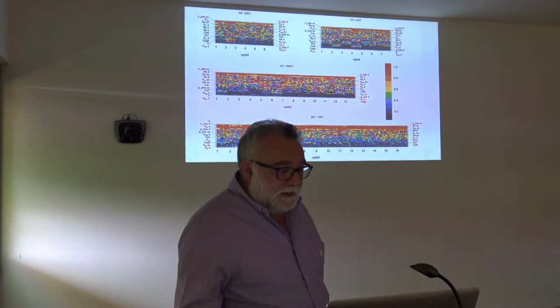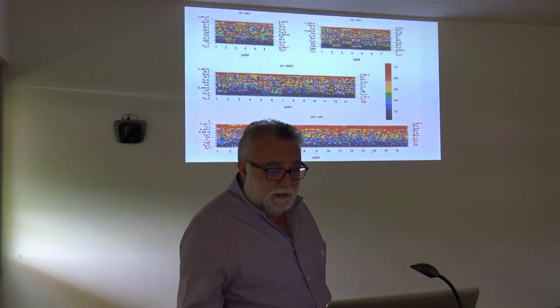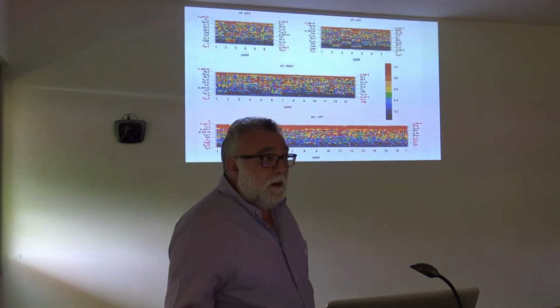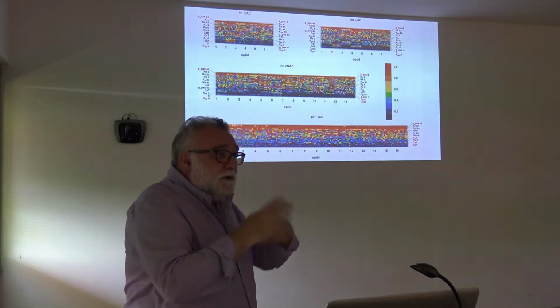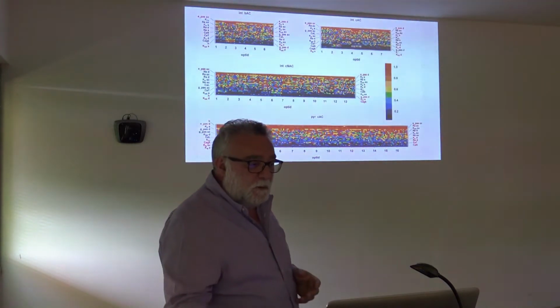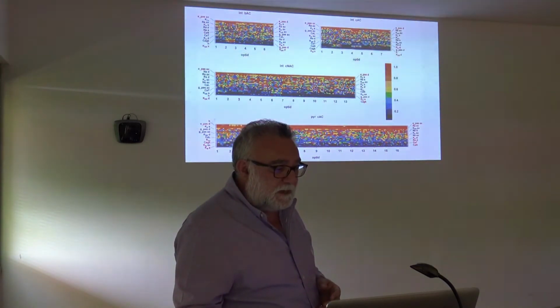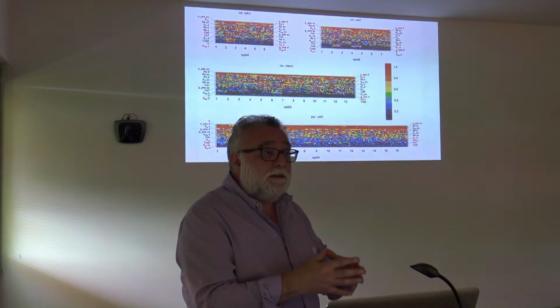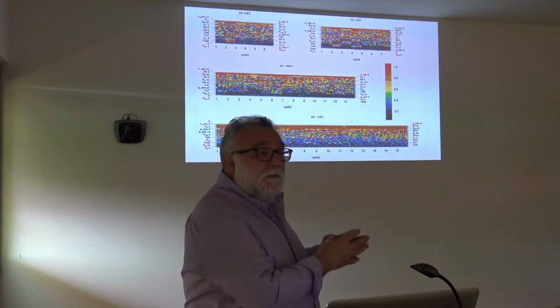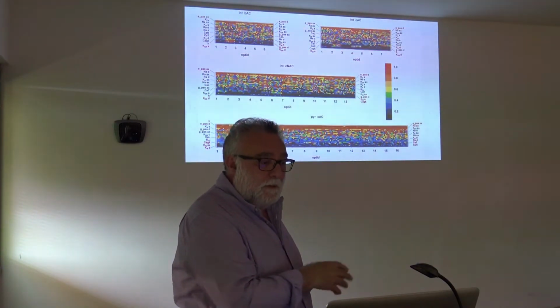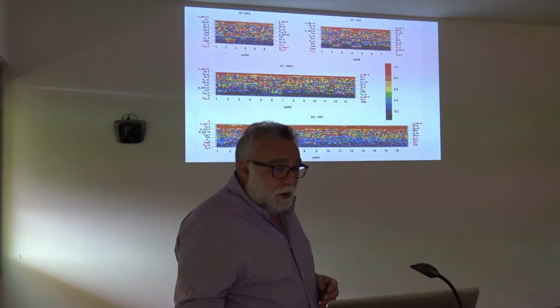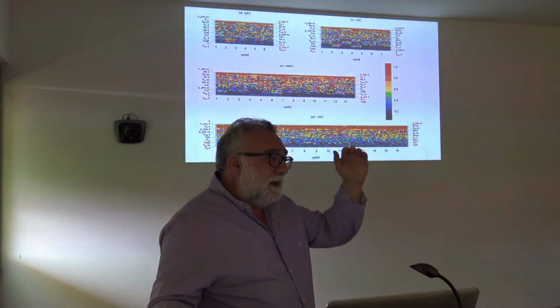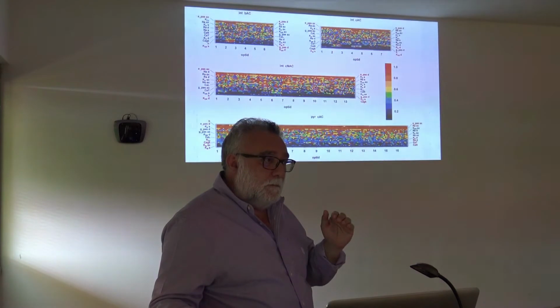So, for example, in this case, for the pyramidal cells, we have 160 ways in which we can rearrange the conductances of the channels that we are using, which are on the left side and the right side too, and get the same firing properties that we observed experimentally for this type of neurons. Okay? And the colors simply mean the normalized value of the conductance.